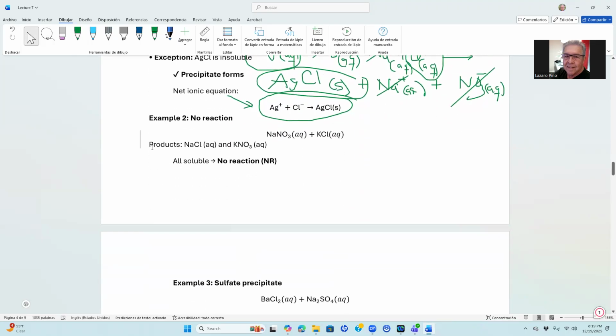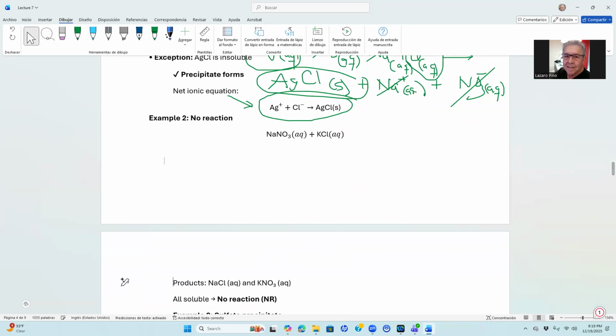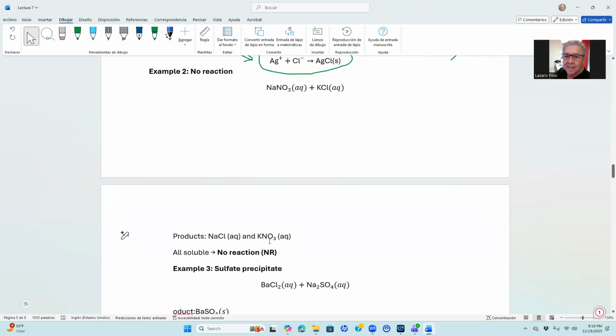Let's see in the following reaction. Let's see sodium chloride and potassium nitrate. Same way, sodium will go with nitrate and potassium with chloride. And the two compounds that you are going to make, sodium nitrate and potassium chloride, both are soluble.